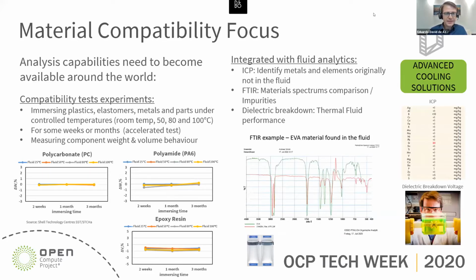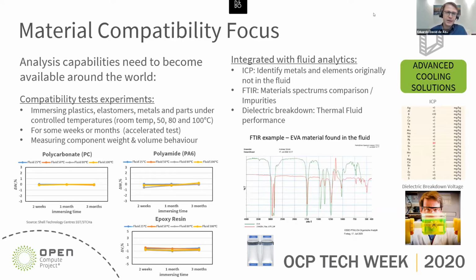In this slide, we listed some examples of analysis applied to understand the compatibility of different materials. On the left side, you see a particular experiment where we took some plastics, elastomers, and metals, and multiple parts were immersed under controlled temperatures and for a determined period of time.